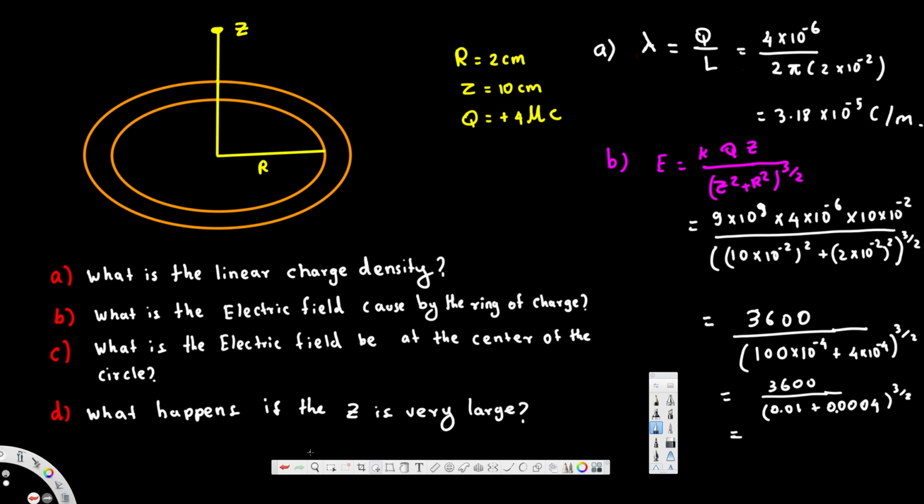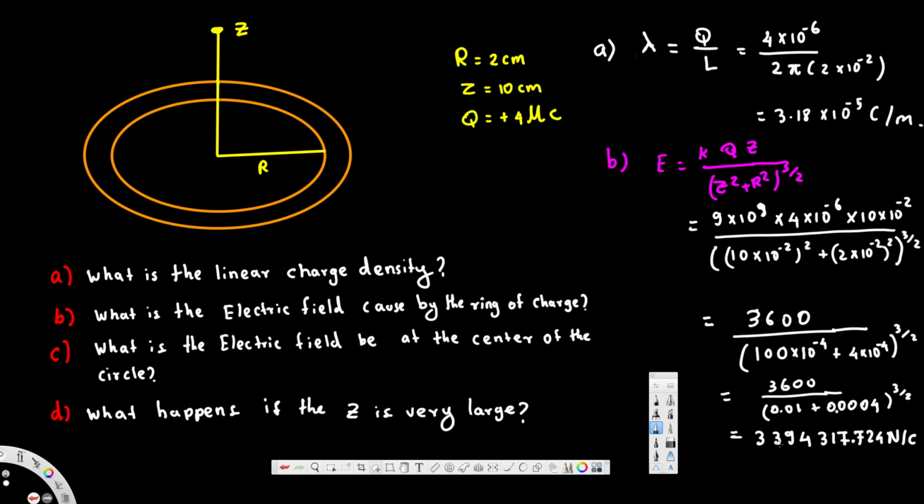So that's going to give us 3,309,000, 94,317.724 Newton per Coulomb. So this is the electric field we are getting.